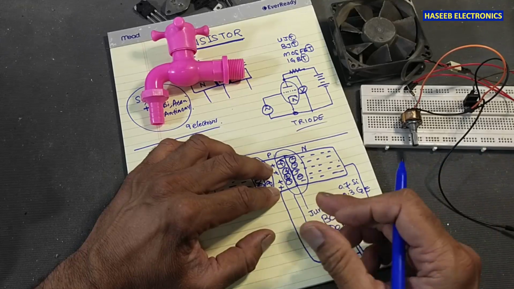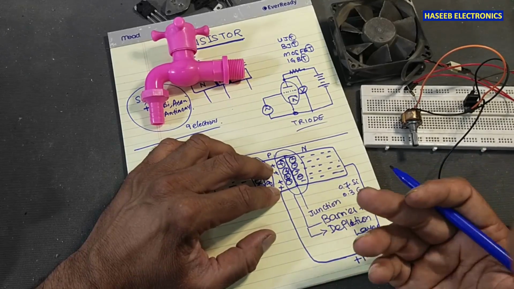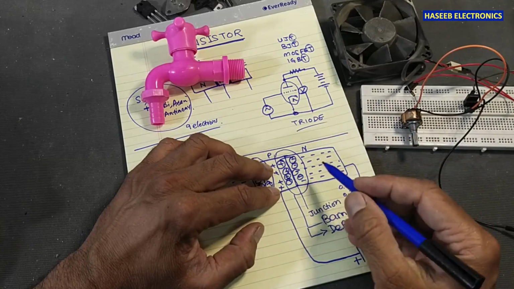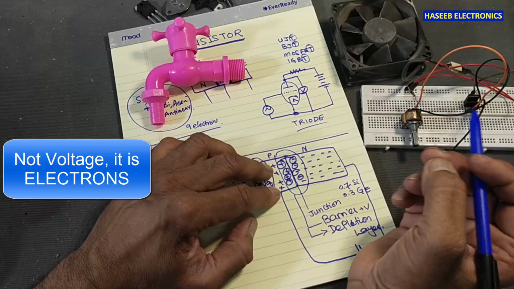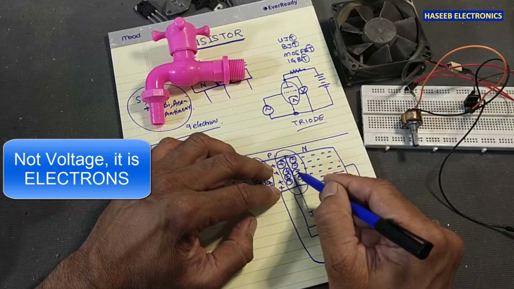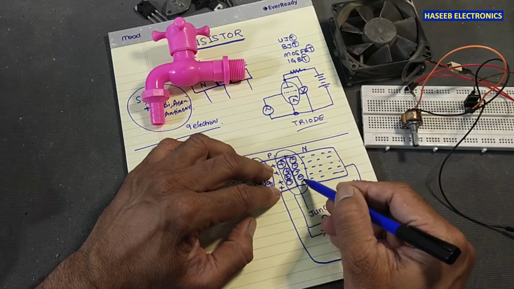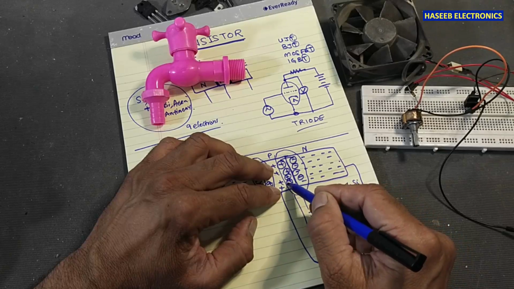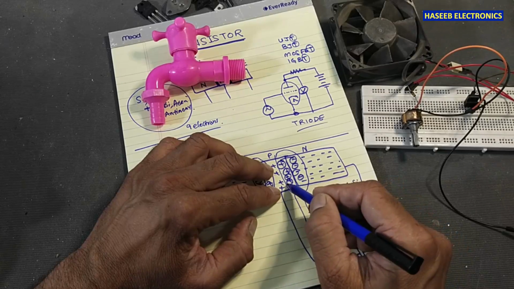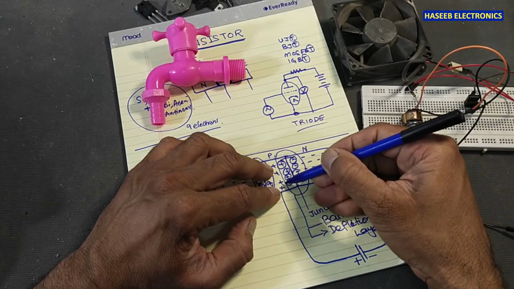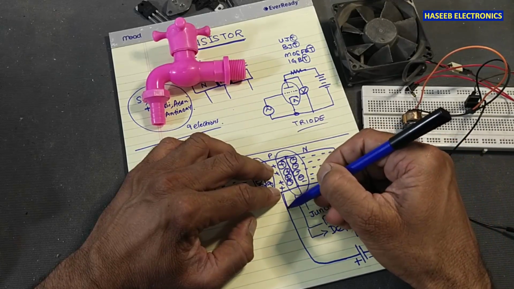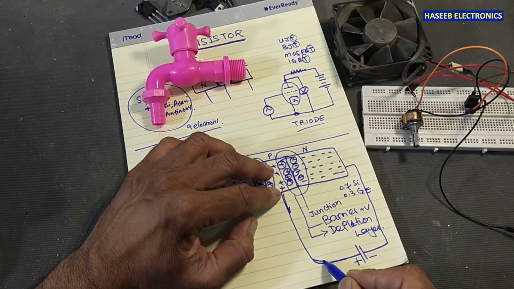We say forward voltage. What is the forward voltage? That is this voltage. At that time, this 0.7 volt will trigger the electrons to move in this area. When they reach here, they will jump this junction. When they jump here, these electrons will move towards the battery's positive terminal.